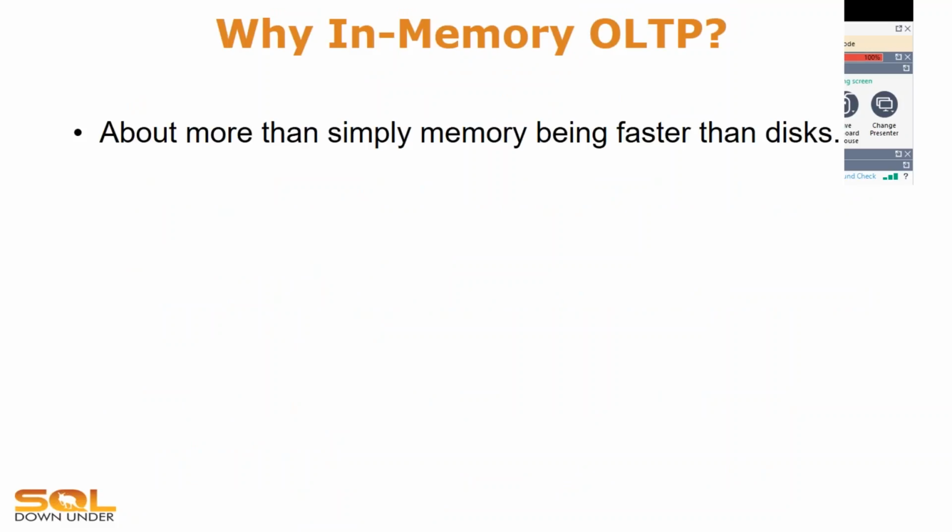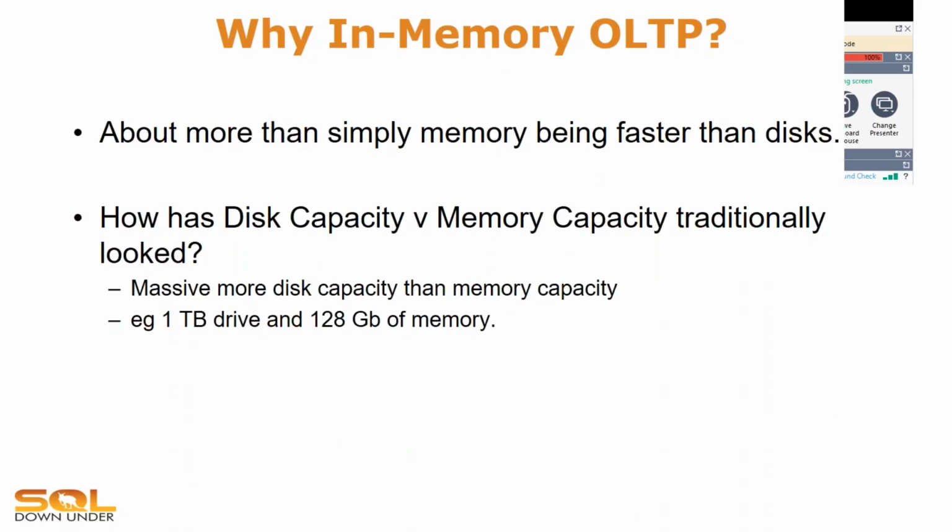So is in-memory OLTP just simply about memory being faster than disks? And I don't think it is. As I've just said, the model has changed slightly, and it's as much about the model changing as it is about memory. If we look at how things have gone traditionally with disk capacity versus memory capacity, you can see that disk capacity has always been much greater than memory capacity. For example, you might be looking at servers with a 1 terabyte drive and 128 gigs of memory.